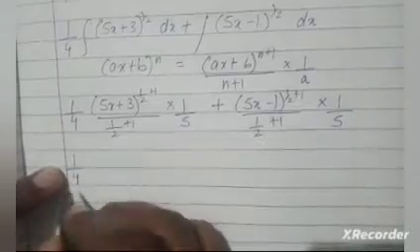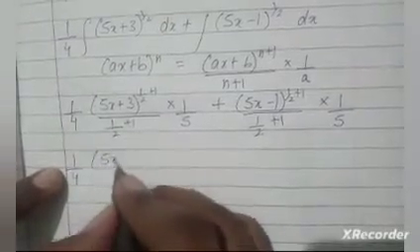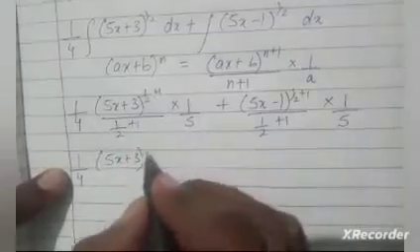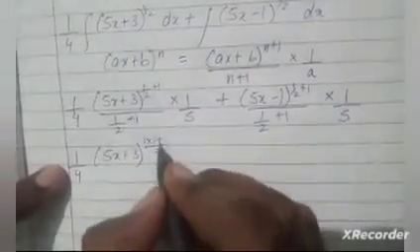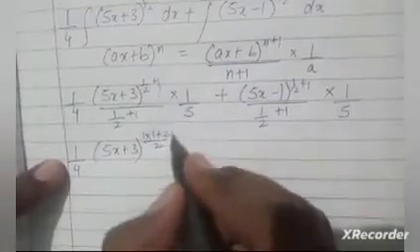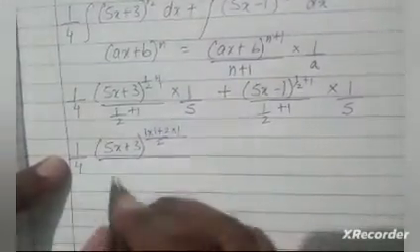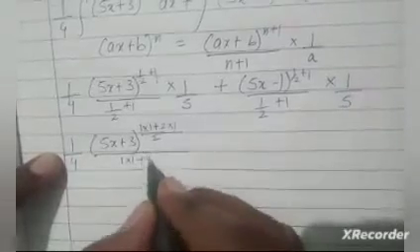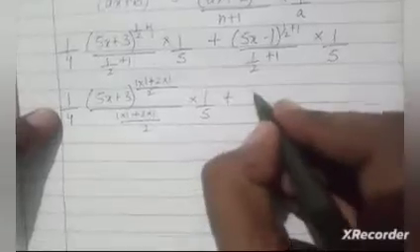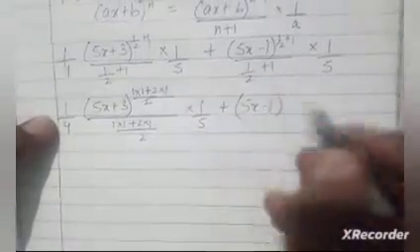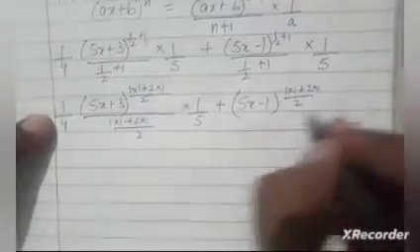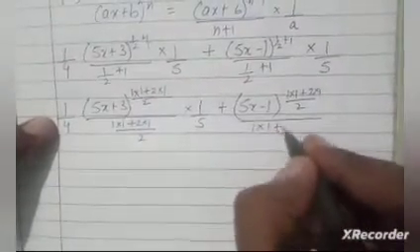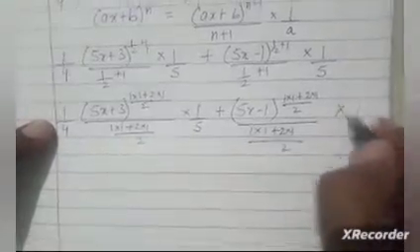So 1 by 4, 5x plus 3, we have to take LCM, 2 1s are 2 into this 1 plus 1 2s are 2 into 1, same in the denominator, into 1 by 5, plus 5x minus 1, we have to take LCM, same in the denominator, into 1 by 5.